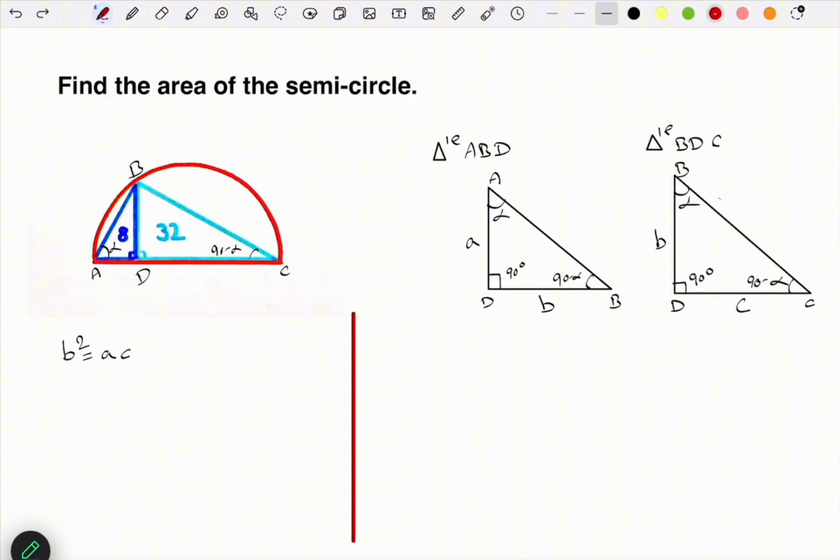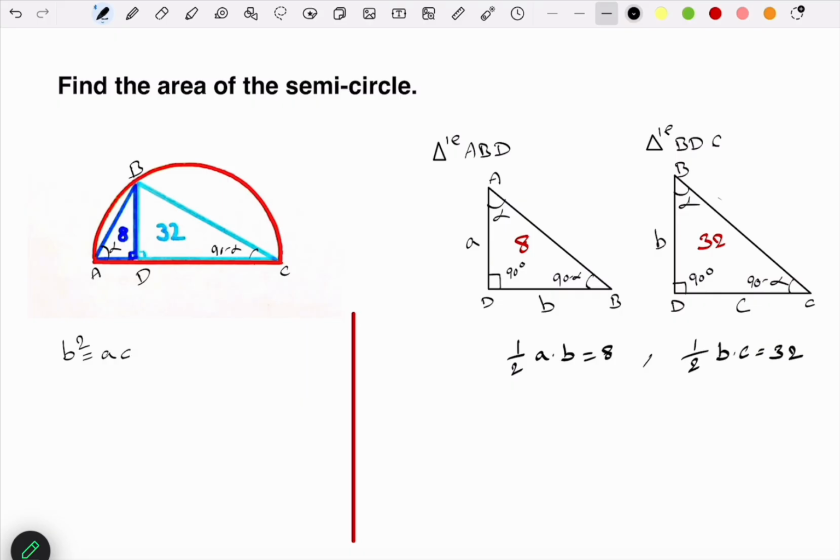From the diagram, we can say area of the triangle ABD is 8 and area of the triangle BDC is 32. From the triangle ABD, area is half times A times B, which is equal to 8. From the next triangle, half times B times C, which is equal to 32.